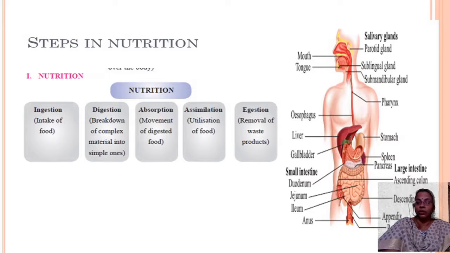Not fully, but even then nearly 60% of the protein is digested within the stomach. The acid is secreted because many of the protein digesting enzymes become active only in the presence of acid. So it will activate the protein digesting enzymes.